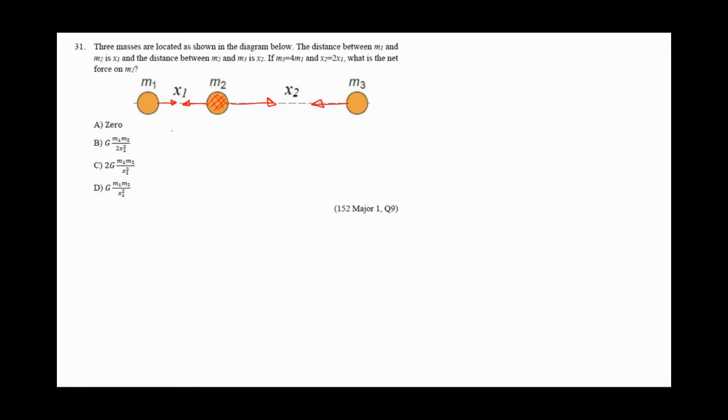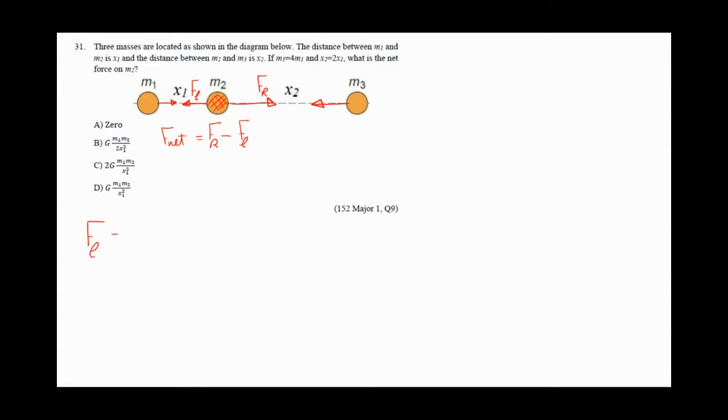What's the net force on M2? If I assume this is Fr and this is Fl, the right force and the left force, the net force equals the right force minus the left force. So how to calculate the right force and the left force? Gravitational force.